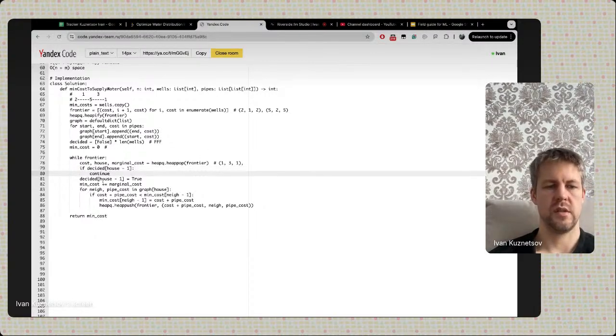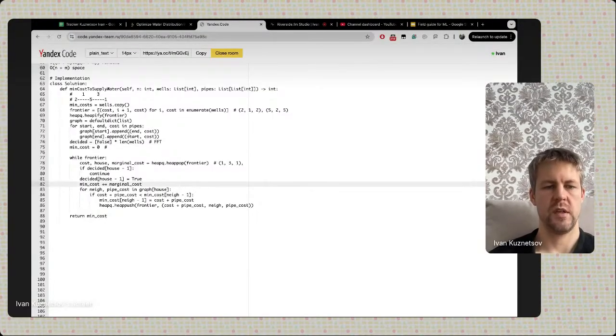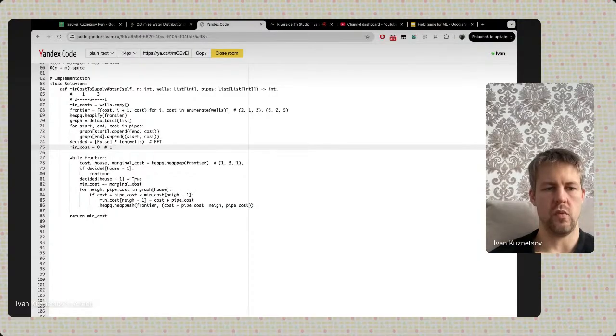Okay, this is not decided, so we continue, and first of all we set the decided by house. House is the third one, so it becomes decided, and min cost will be equal to marginal cost. We are building this price of one element, so it will become 1.